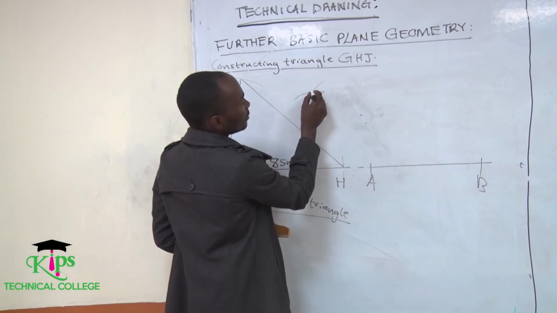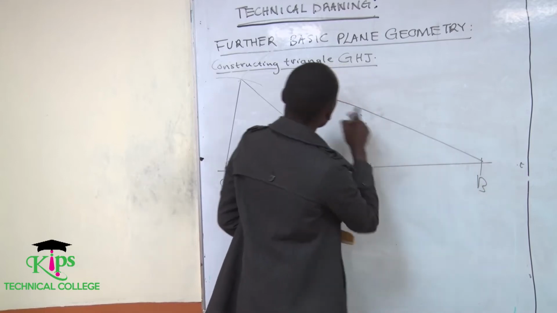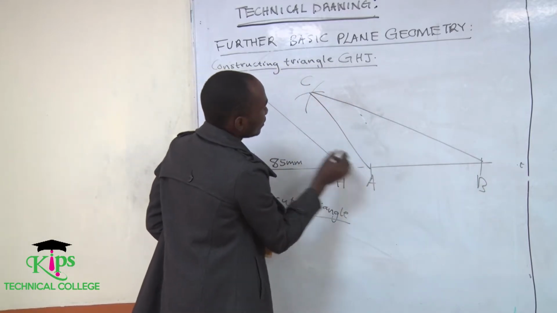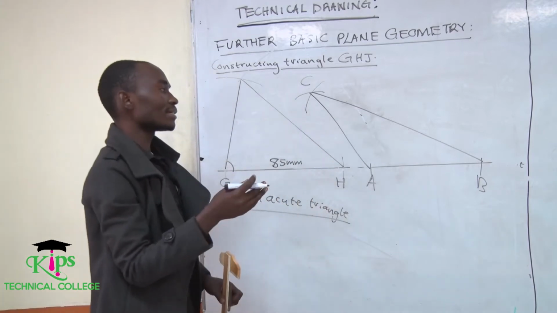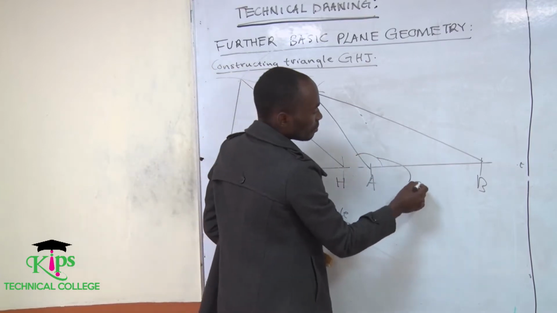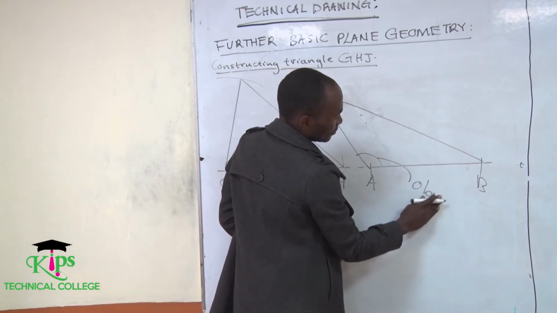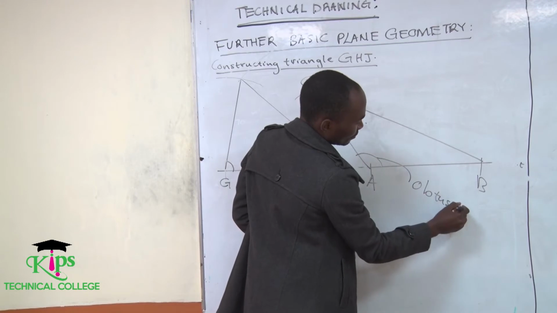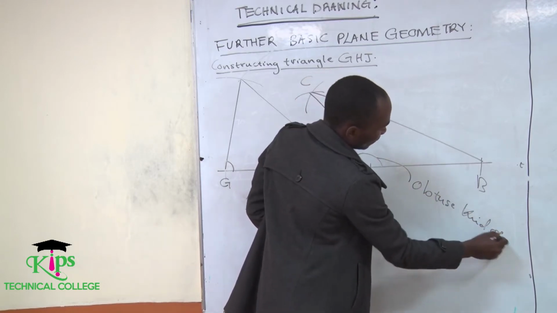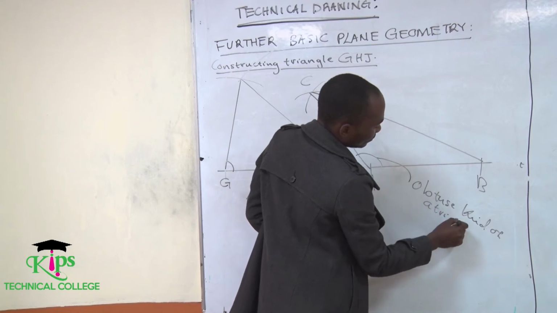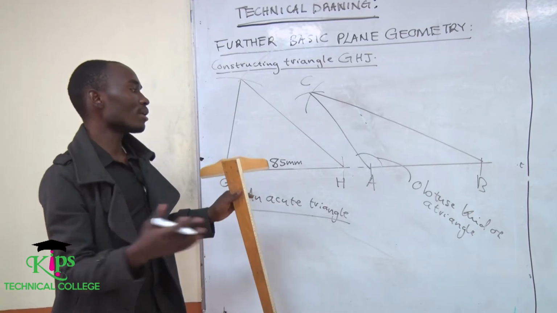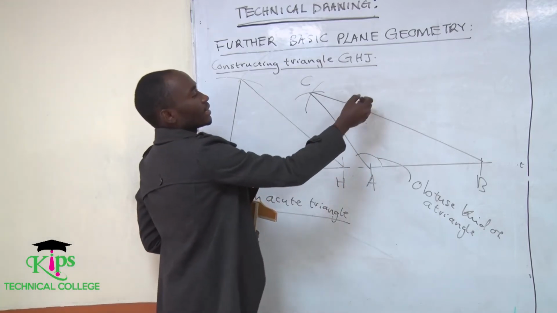So you can see joining C to B, then joining C to A, this is an obtuse kind of triangle. So you can see that it is obtuse in nature simply because it is greater than 90 degrees.